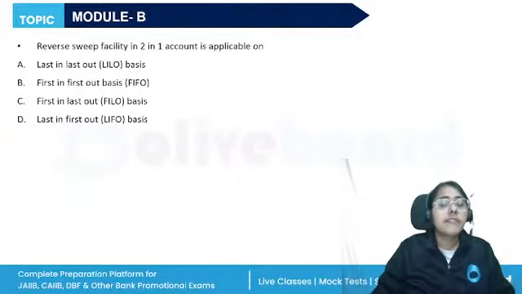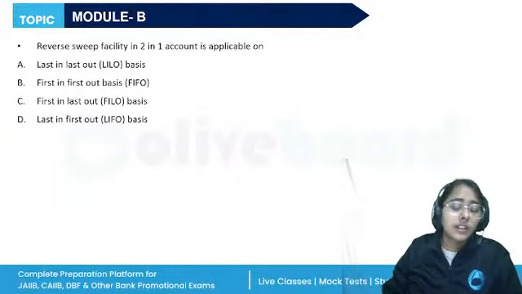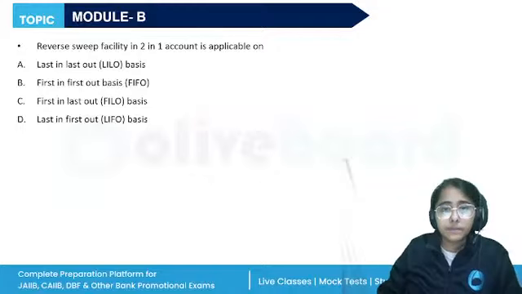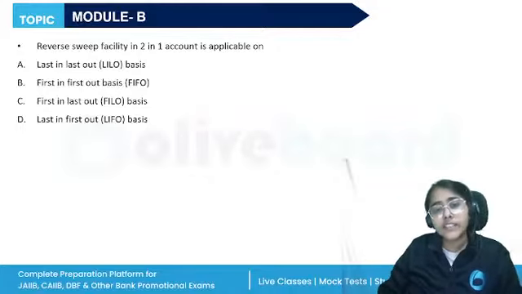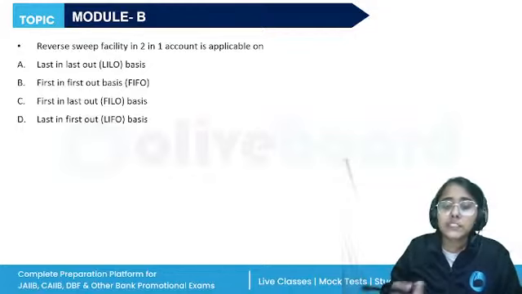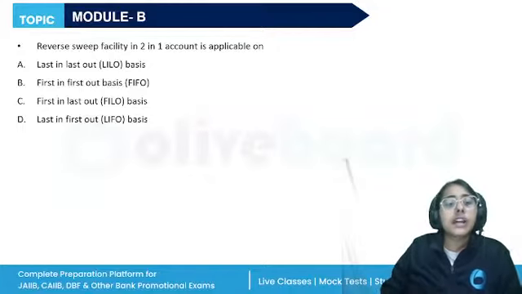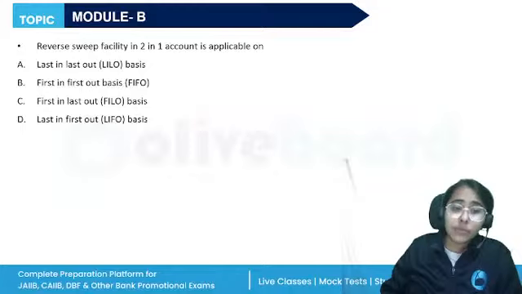All right. Then we have another type of account, which is the two-in-one account, which offers features of both a savings account as well as a fixed deposit. There are two types of facilities: the auto sweep facility and the reverse sweep facility. The question asks whether the reverse sweep facility is applicable on a last in first out basis, first in first out basis, first in last out basis, or last in first out basis.